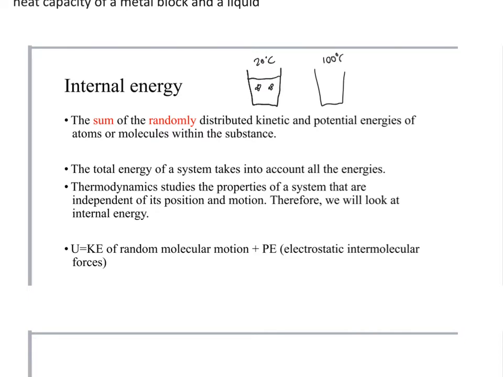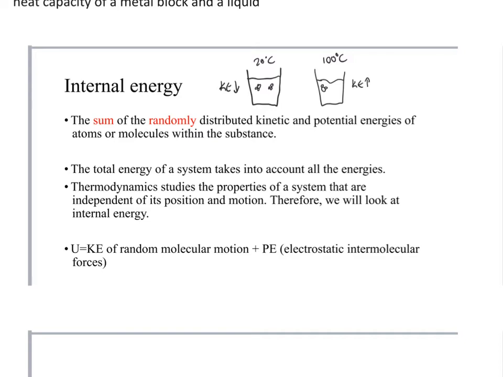The kinetic energy of those particles in this system, this cup of water, will be lower for 20 degrees than for 100 degrees. And that's due to obviously the particles having less energy and moving slower compared to the ones that are moving faster in the 100 degrees Celsius cup.